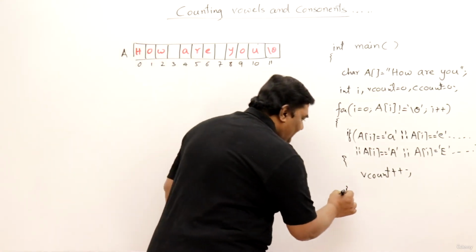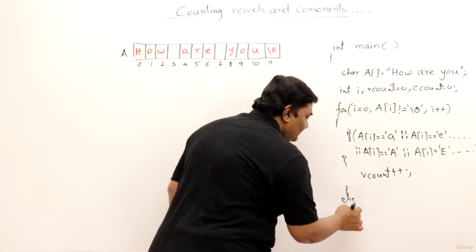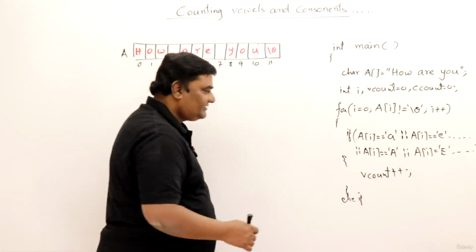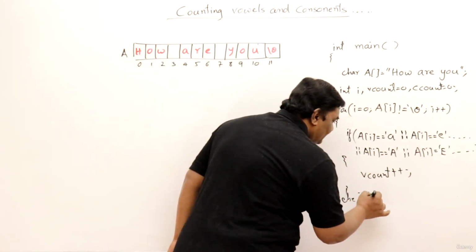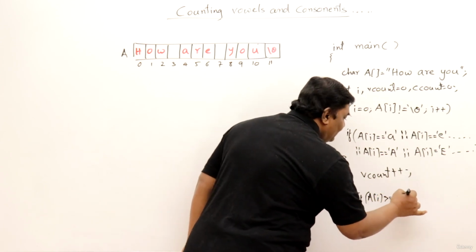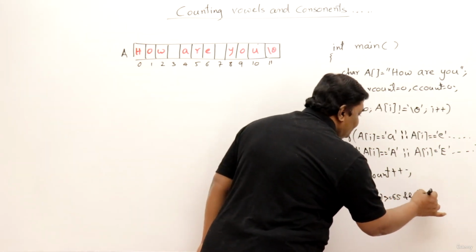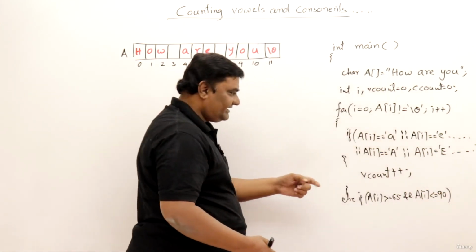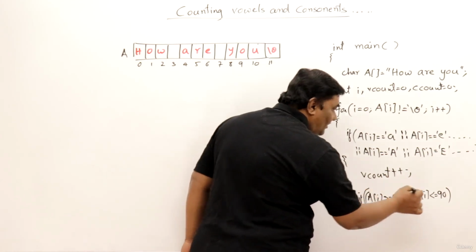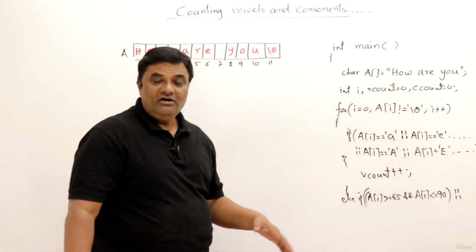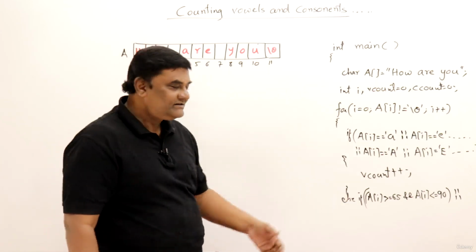So here I will continue writing else if, I should make sure that it is within the range. So A of i should be greater than or equal to 65, and A of i should be less than or equal to 90, right? It should be within this range. This is for capital letters, or it should be in lowercase.